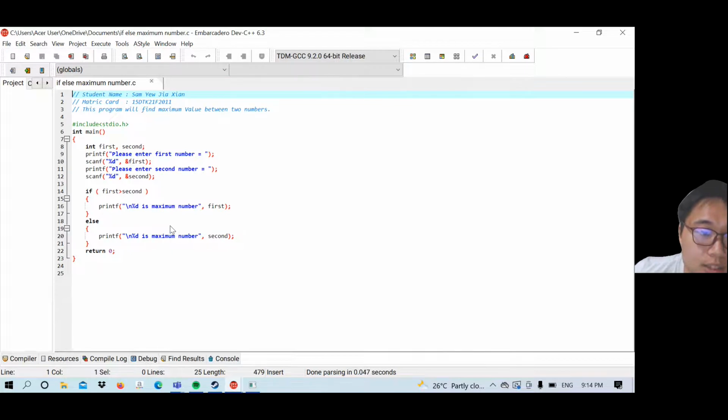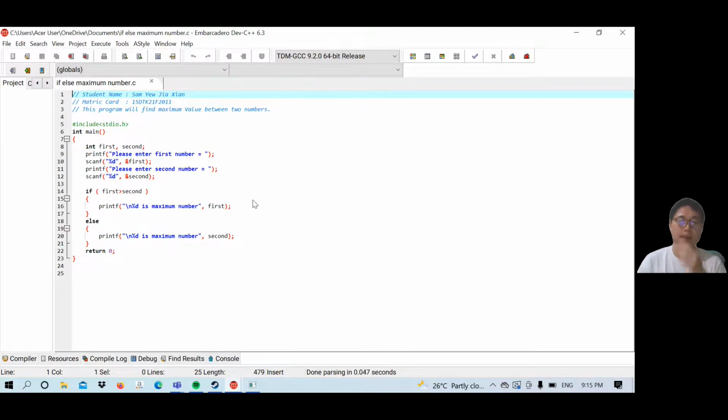Scanf %d, &first, and the same goes for &second with the same layout. If first is greater than second, I will type printf the first number is the maximum number, and else printf the second number is the maximum number. So this is vice versa.